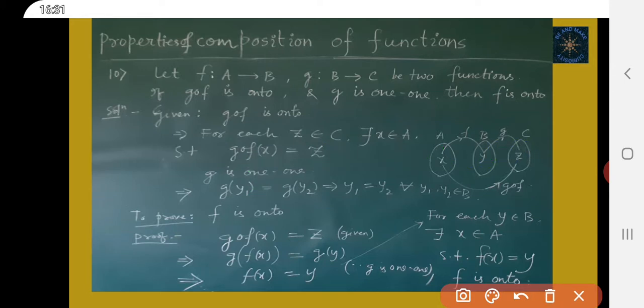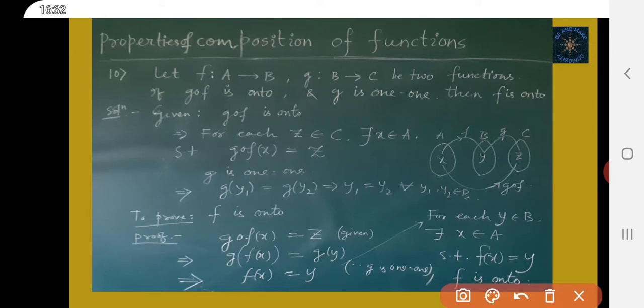So here you see g of y1, g of y2, this is equal to y1, this is equal to y2. So here you can write f of x is equal to y. Okay. So f of x equal to y, for every element of x there is an image in set B.